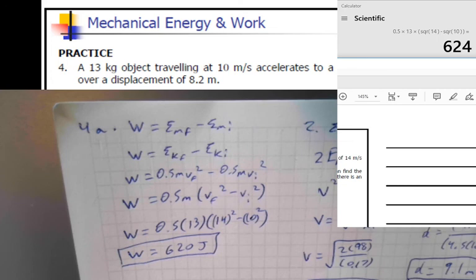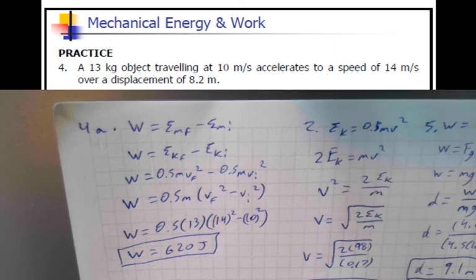And that would get you your work done. But this is a bit of an easier solution. So we could also do it this way.